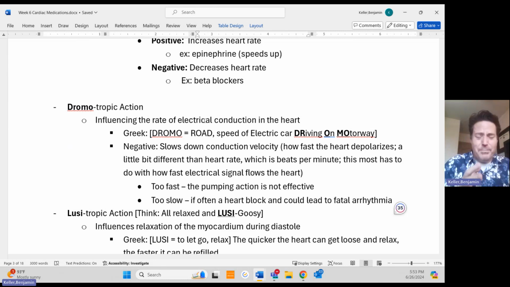Heart rate is like beats per minute. So if I'm running fast, my heart rate might be 100 or 120 beats per minute. But we're not talking about beats per minute. We're talking about the length of time that it takes for my heart to depolarize and repolarize. It's mostly the depolarization we're interested in here. And a dromotropic medication slows that down.